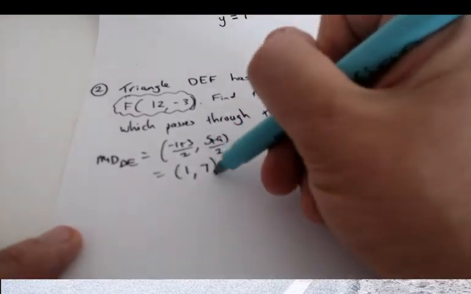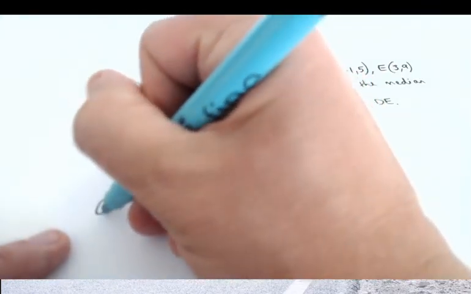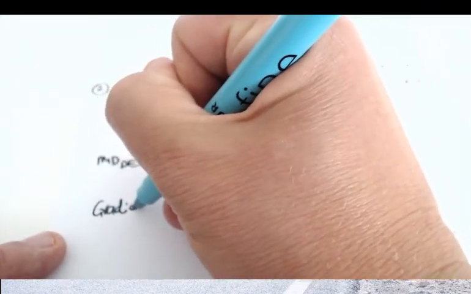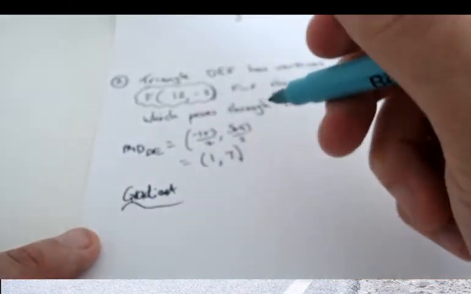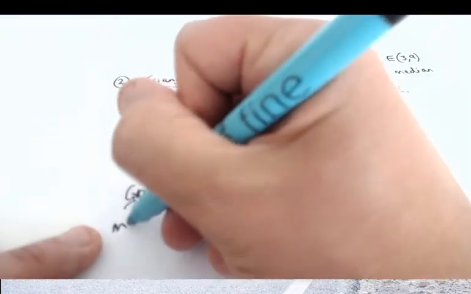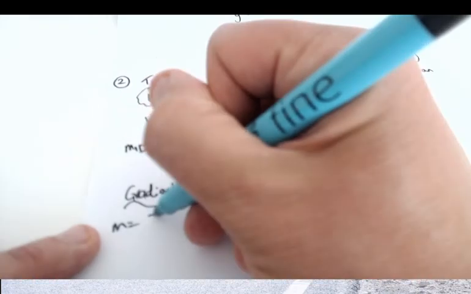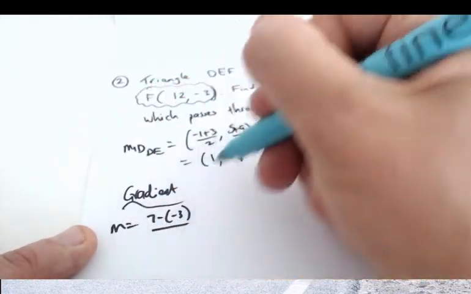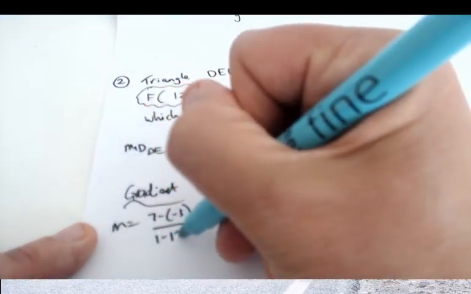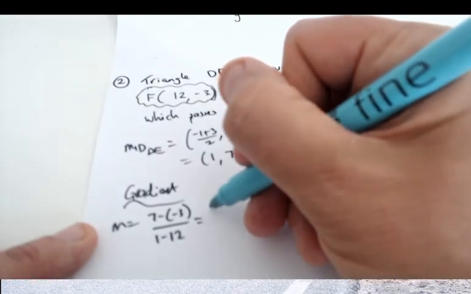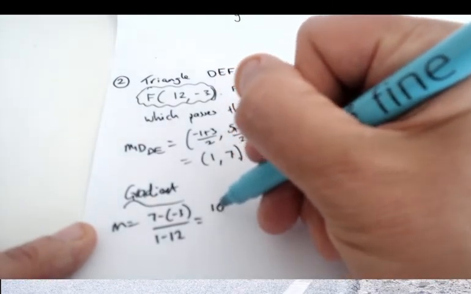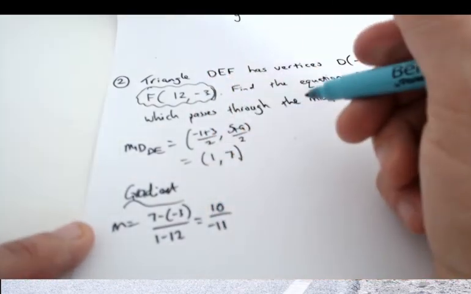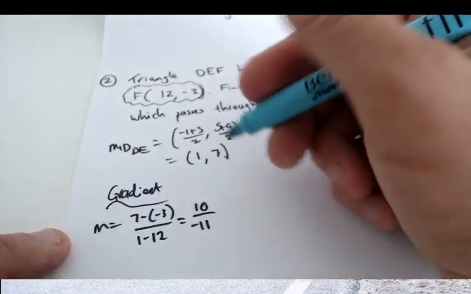I'm using the midpoint and point F for my gradient. So that's going to be 7 take away negative 3 over 1 take away 12. That will give me 7 take away negative 3, 7 add 3, which is 10. 1 take away 12 is minus 11. Horrible looking fraction, but that's fine.